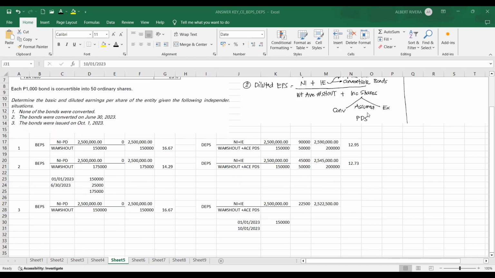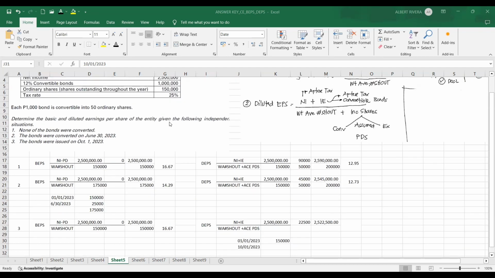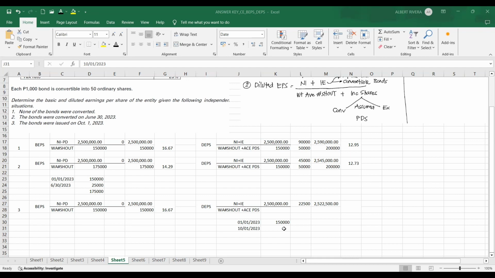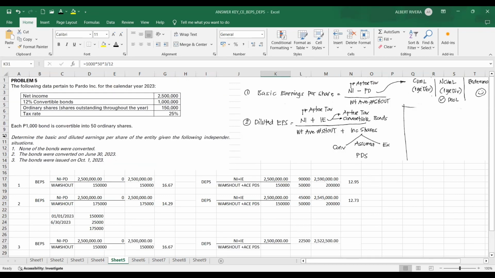So the assumption date of conversion is October 1. So to get the weighted, that would be 1 million divided by 1,000 times 50 times the outstanding period of 3 months over 12.